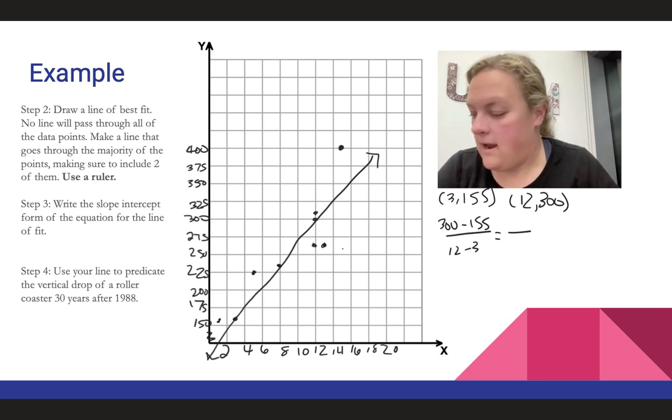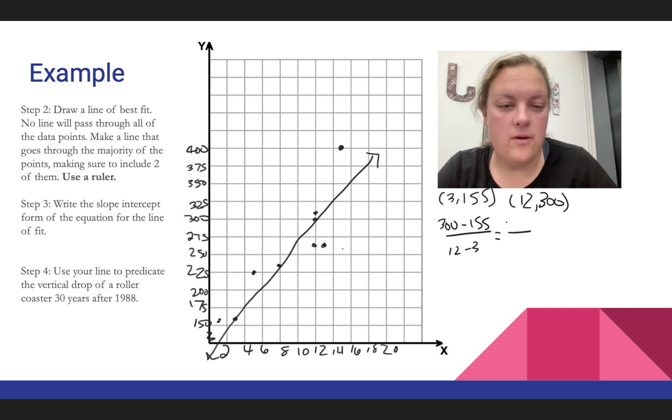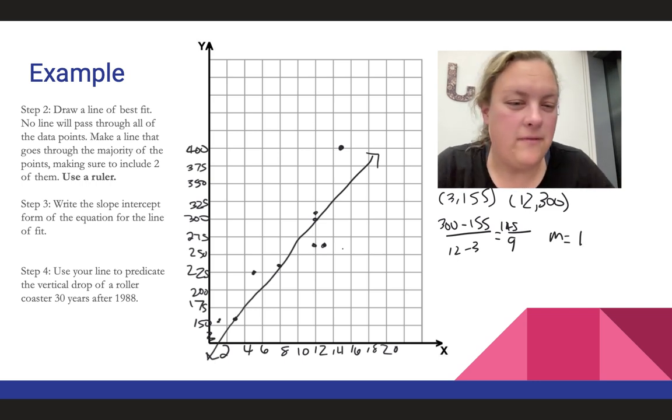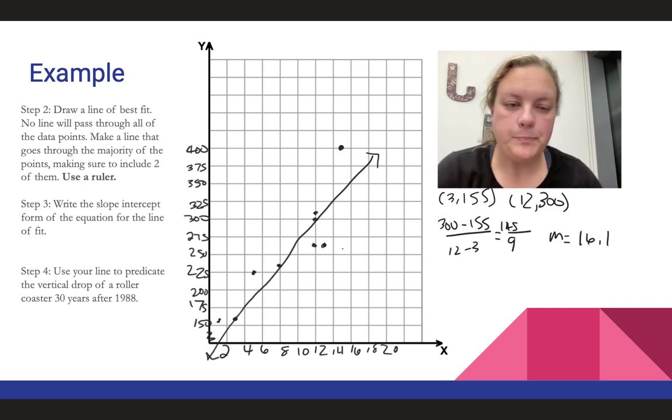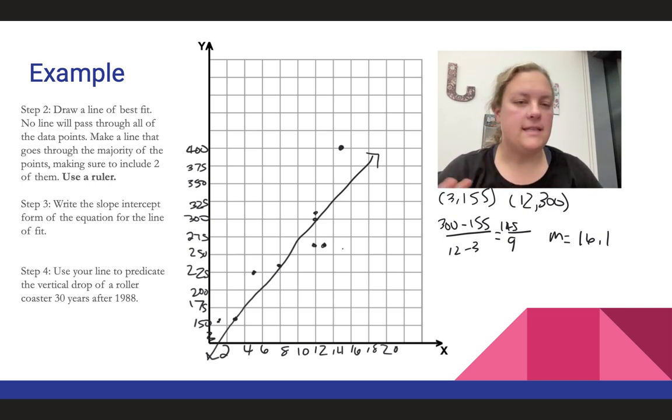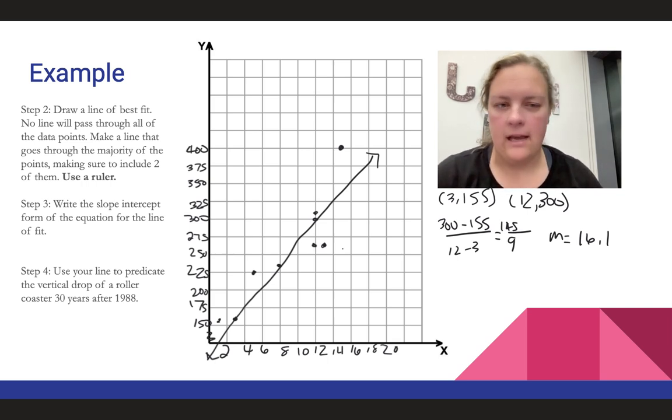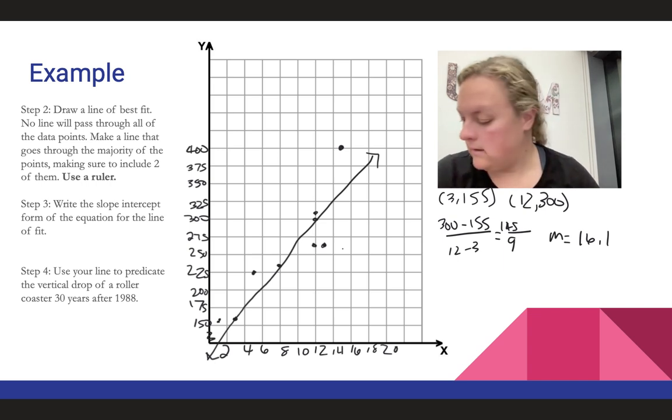When I do that, and I've found the slope, I get 145 over 9, which reduces to roughly, and please round here, mine reduces roughly to 16.1. It is okay if you get a random decimal, because this is not exact. A computer can do this exact. You are not a computer. So round to the nearest tenth, round to the nearest whole number. It is okay if they're not exact.